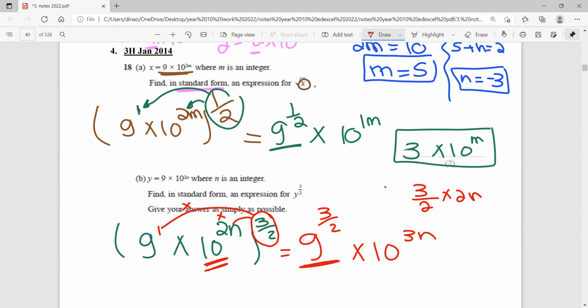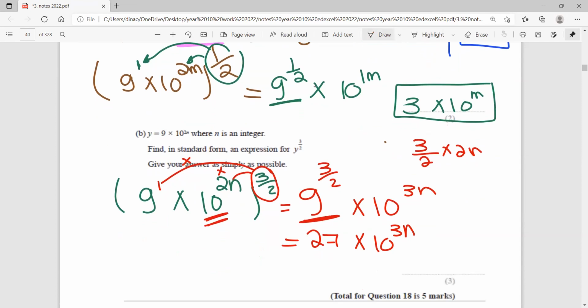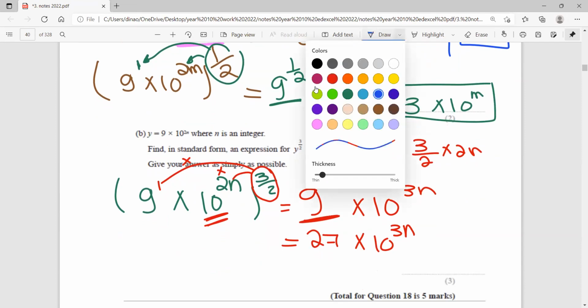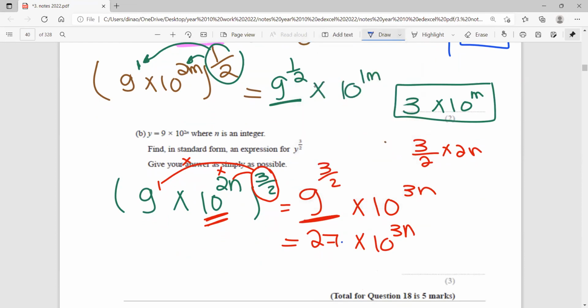Now let's put this on the calculator. 9 power 3 over 2 gave me 27. So 27 times 10 to the power of 3n. The question is, is this standard form? This is not standard form. Now, to change this into standard form, I have to move the point once to the left.